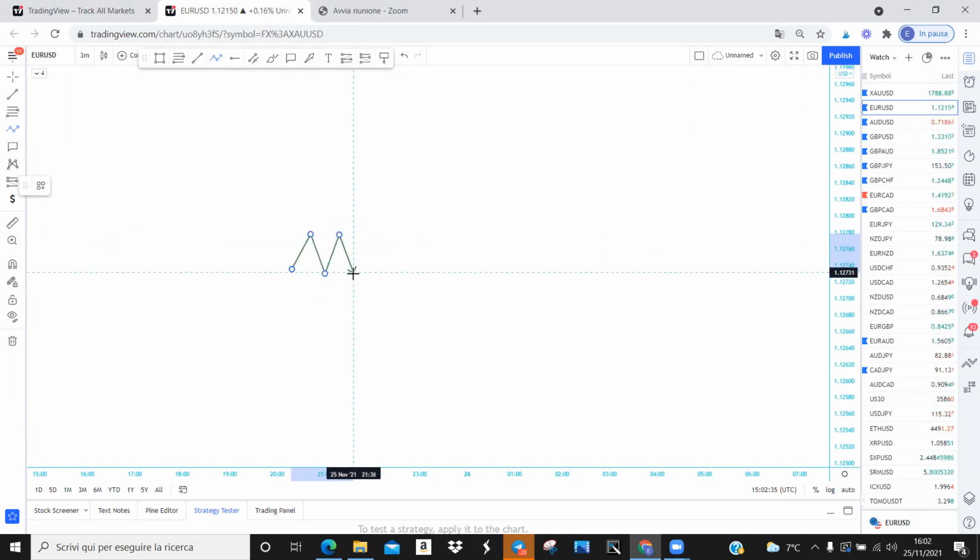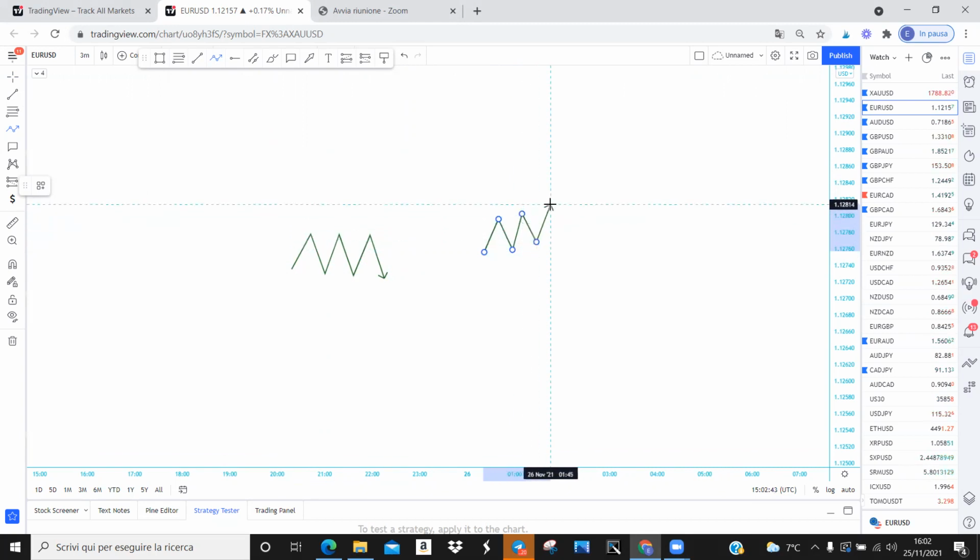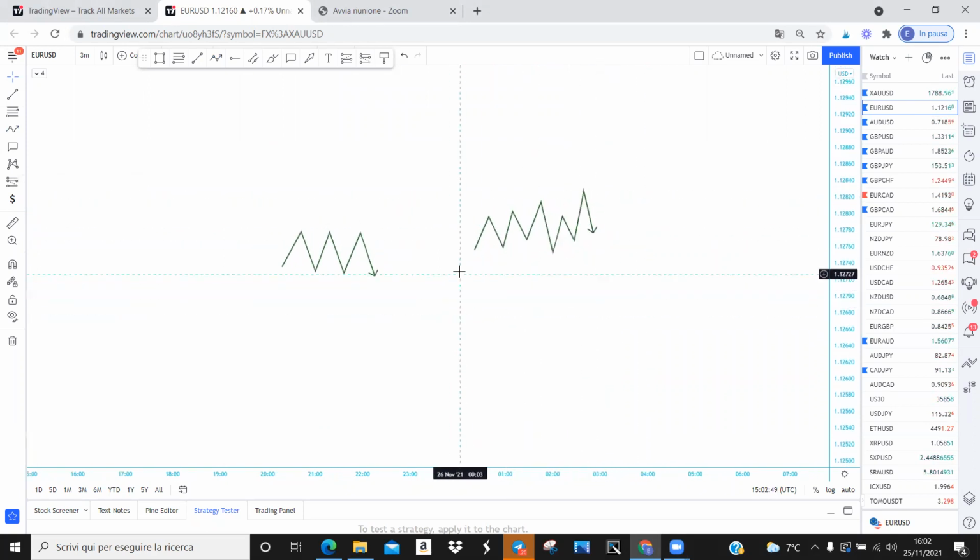It can be just a lateral range. It can be a range with a little bit of trend, but not really trending, okay? So something like this, but overall, it's a range. It's not like the market is really trending or making the moves.